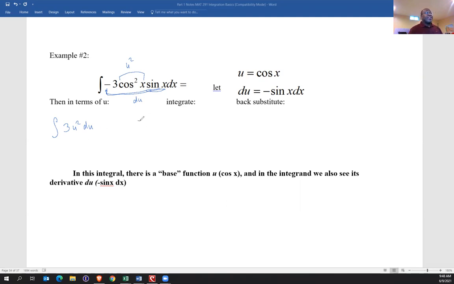All right, so now we have it in terms of u. We integrate. Now the integral, or antiderivative, of 3u squared is going to be u cubed plus c. And then putting it back in terms of x, u is equal to cosine of x. So this will be equivalent to cosine cubed of x plus c.